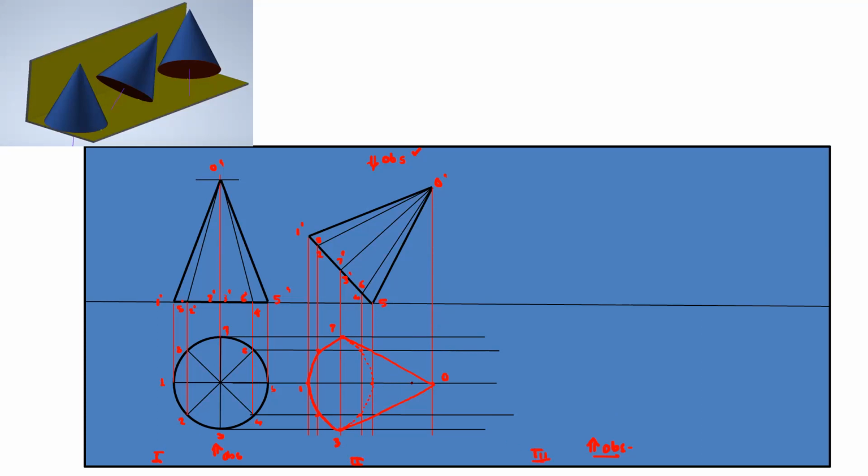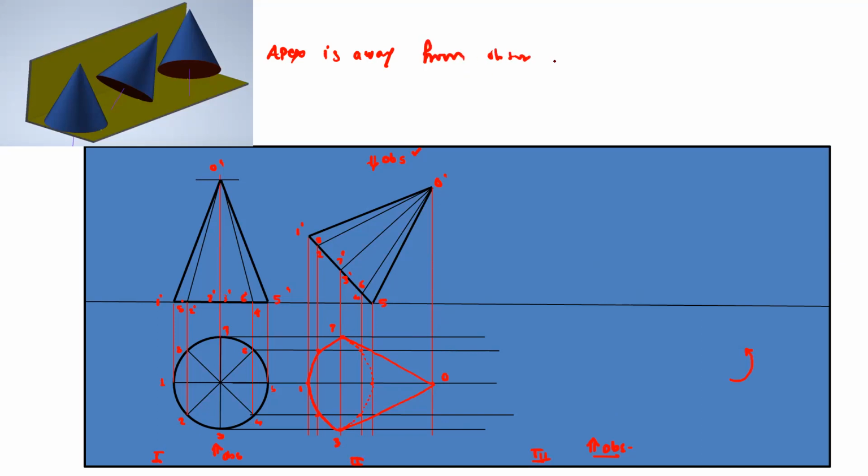you should rotate this second stage top view in anti-clockwise direction, because you can observe here the apex is away from the observer. Okay.